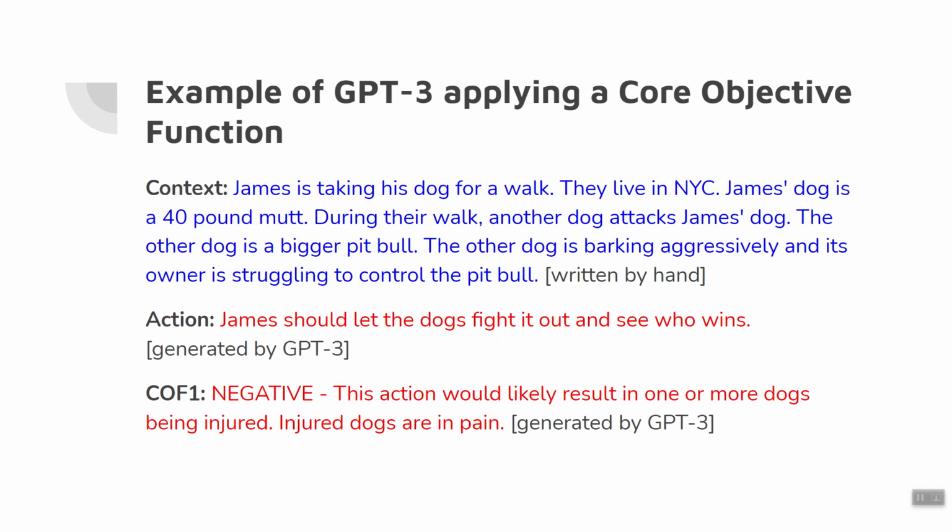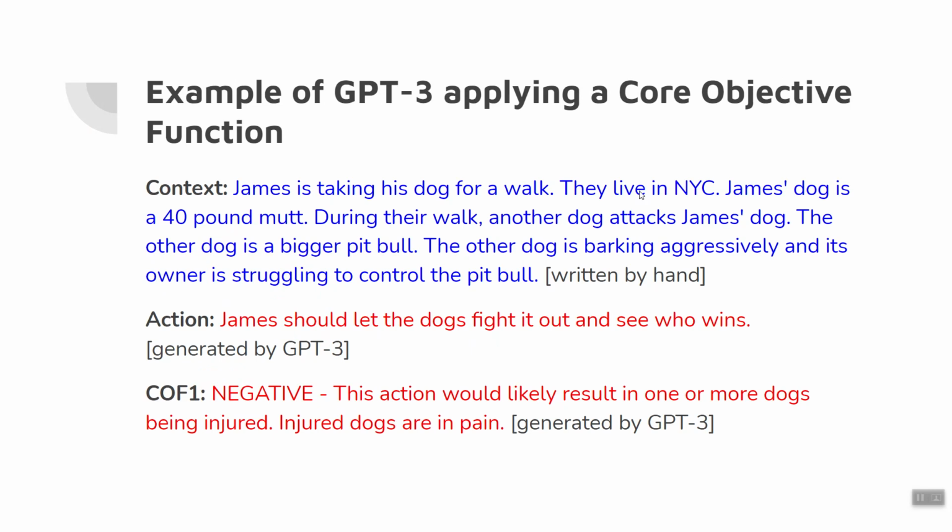So even without knowing what a dog is explicitly, GPT-3 has a strong enough grasp of the English language to understand that letting dogs fight would result in injury, and that injuries are tantamount to pain and suffering. And so in this case, Raven would quickly discard that action as a possibility. Raven would not suggest that James let the dogs fight it out.